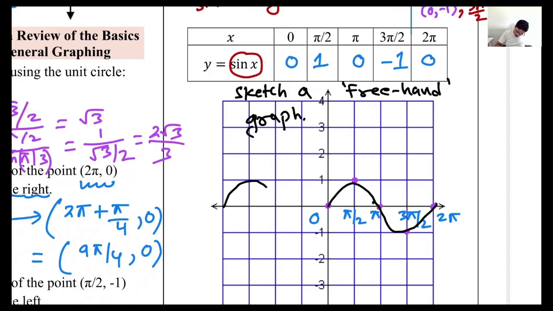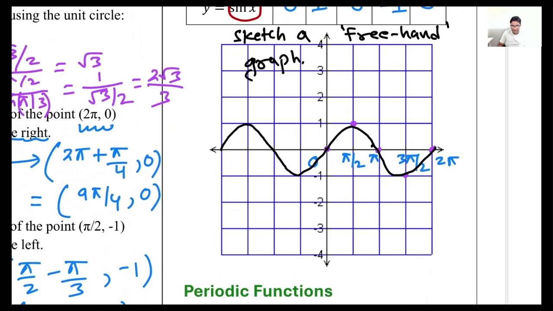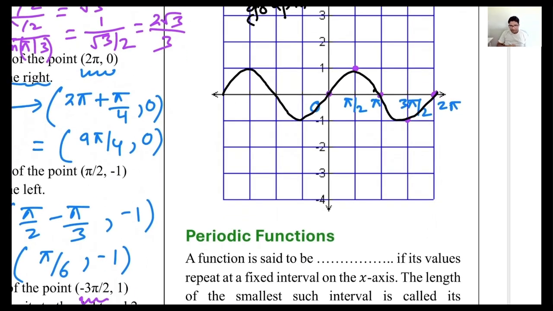So yes, it will be like this if you continue on the left. All right. So maybe I need to put down here carefully.